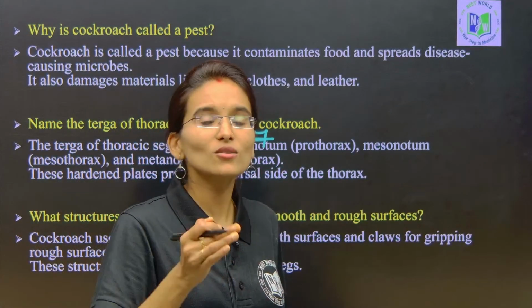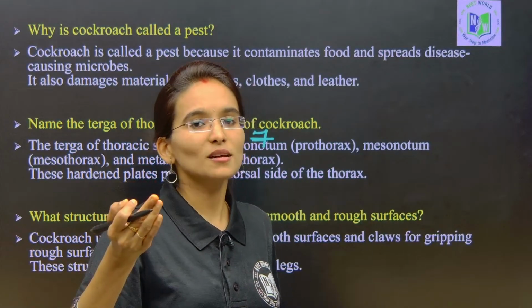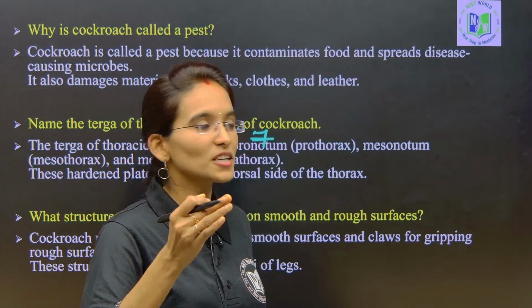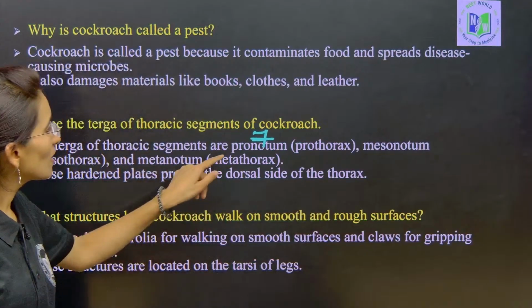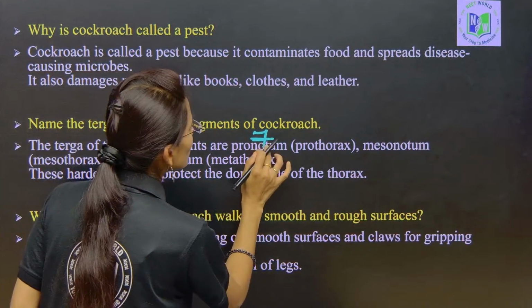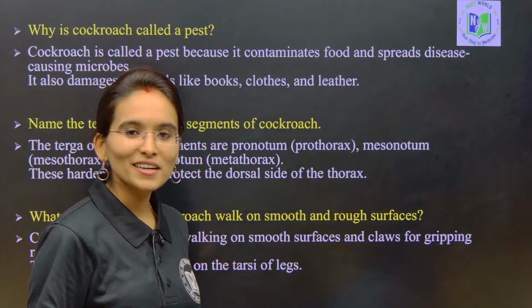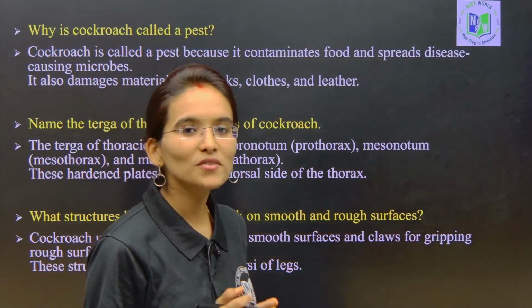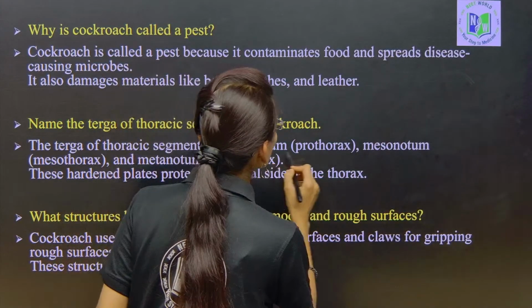So after 6, the next segment in the thorax is the 7th segment, pronotum. The 7th segment in Periplaneta americana is called pronotum, also called prothorax.